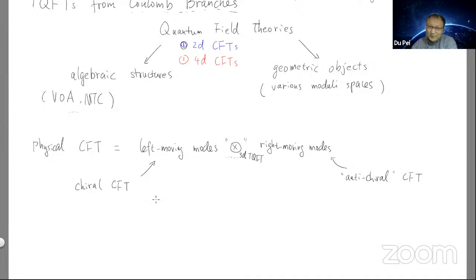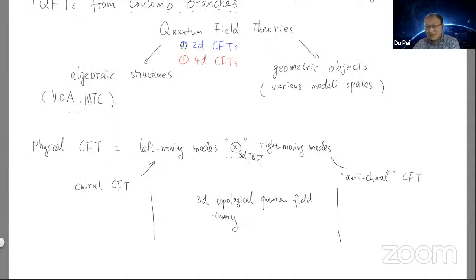The picture to keep in mind is the following. You can imagine that there is a three-dimensional topological quantum field theory in a bulk. TQFT stands for topological quantum field theory.